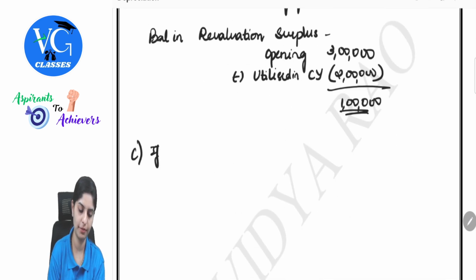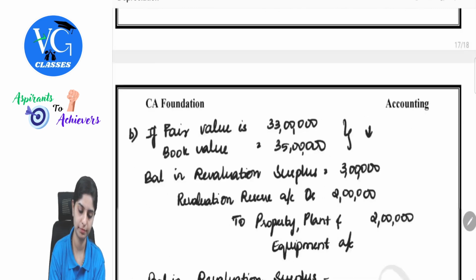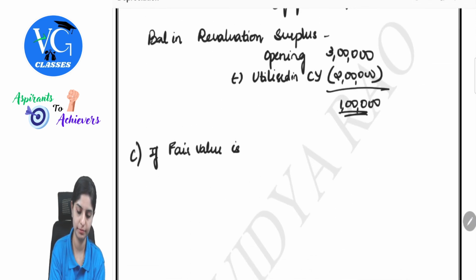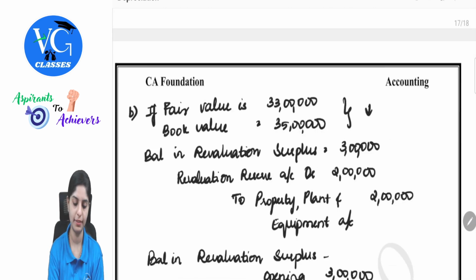Next, if fair value is 31 lakh, book value of the asset is 35 lakh.